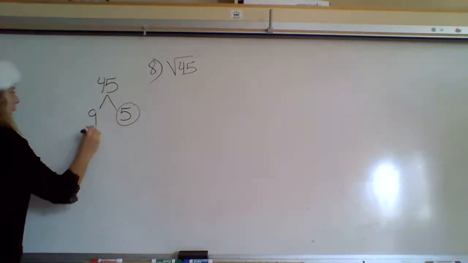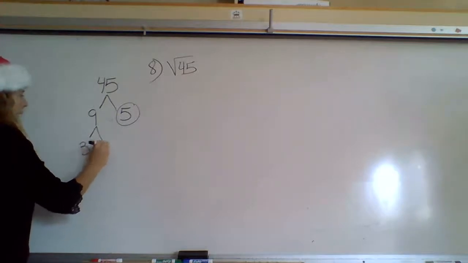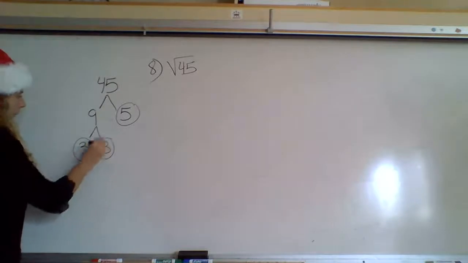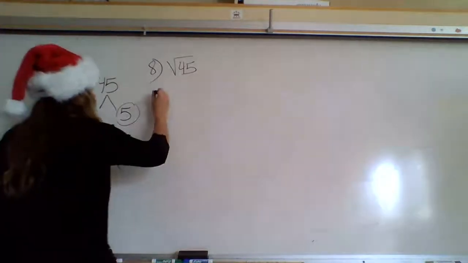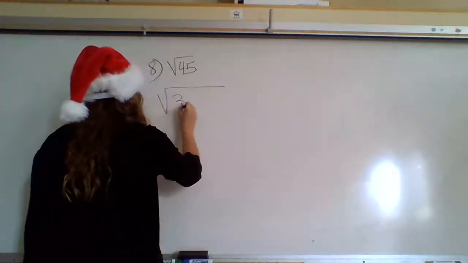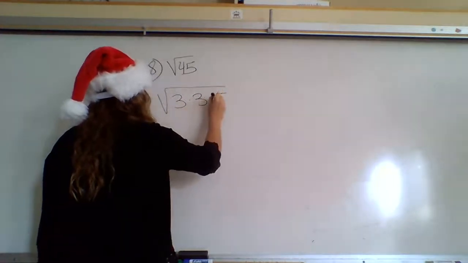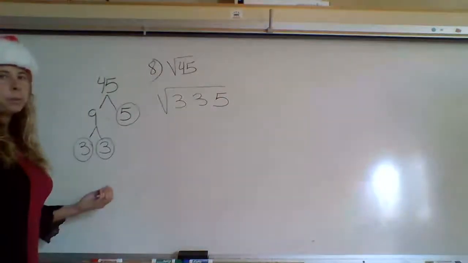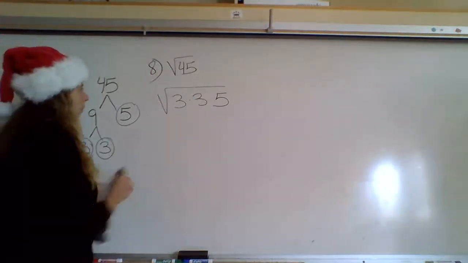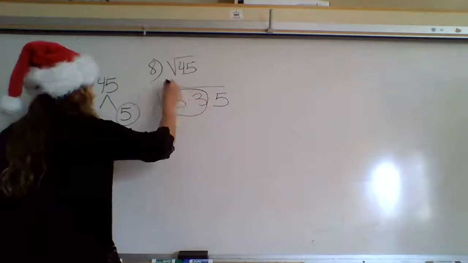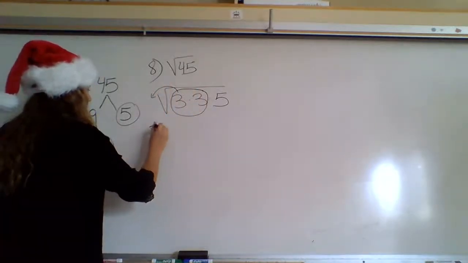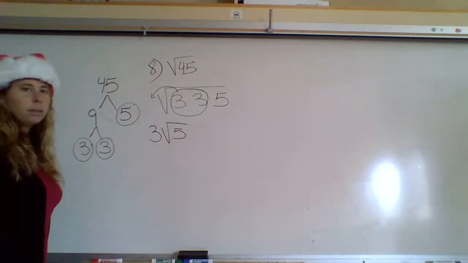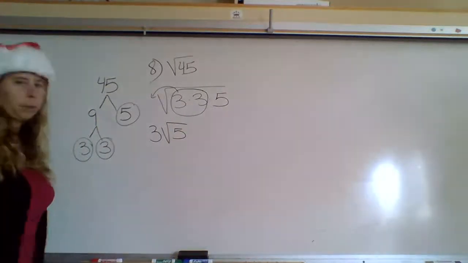And then let's break down 9. 3 and 3. So 3 times 3 times 5. We're taking the square root, so we're looking for groups of 2. Ta-da! Okay, so it would be 3 times the square root of 5.